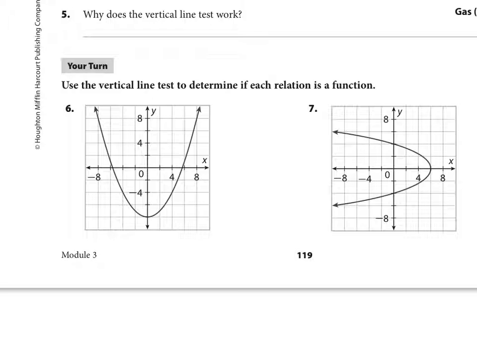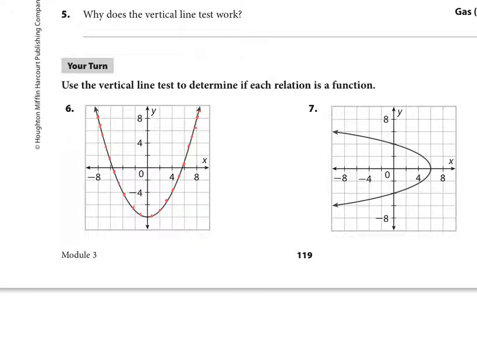So number 6, we have a bunch of points. So I'm drawing points on this curve. There's actually an infinite amount of points. I can draw even more points in between those, but this is just to give you a sense of the fact that this curve contains an infinite amount of points.